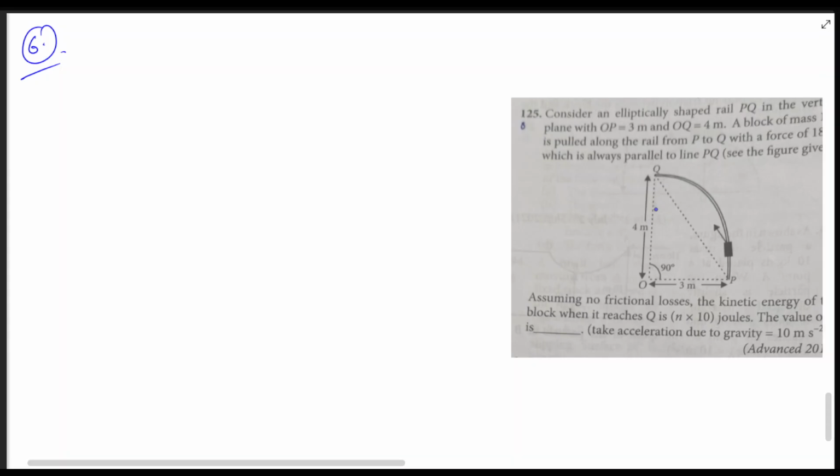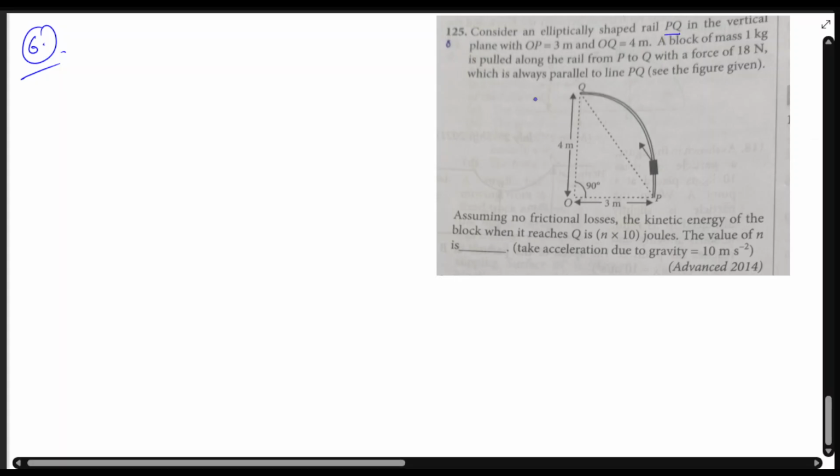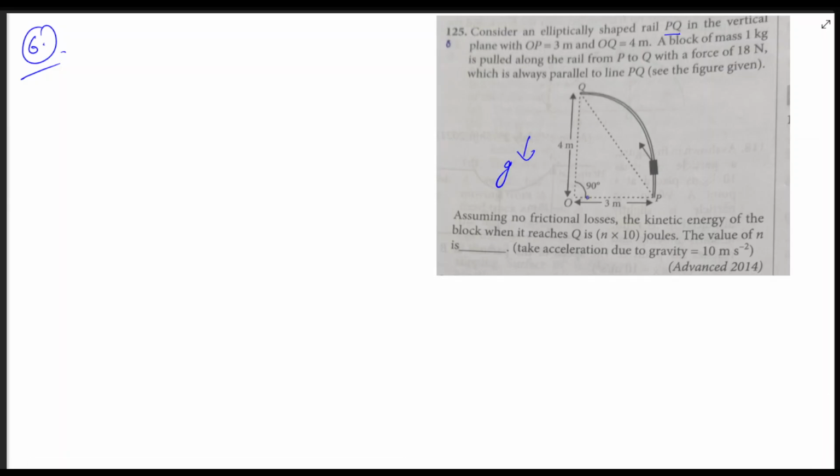Let's move on to our next question, sixth. Right. So what we have here is: consider an elliptical shaped rail PQ in a vertical plane. Okay, vertical plane. So G will be there, right? OP is 3, OQ is 4, so PQ is 5, right? Pythagorean triplets.